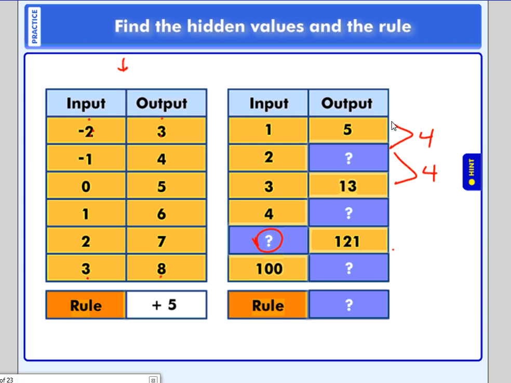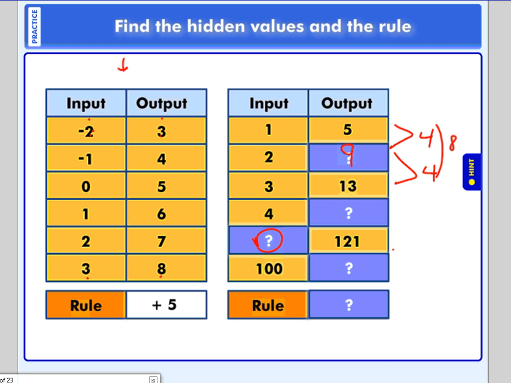So somewhere, I wonder if 4 has to do with anything. Well, if the difference here was 8, and we do 4 and 4, 5 plus 4 is 9. So I'm going to check and see if I can find a pattern now.